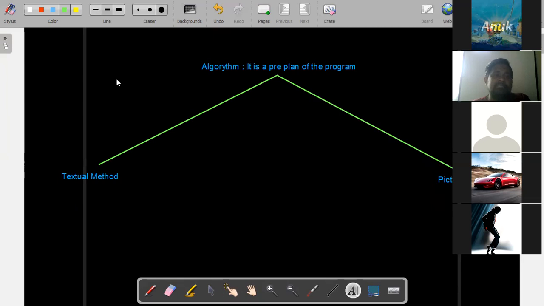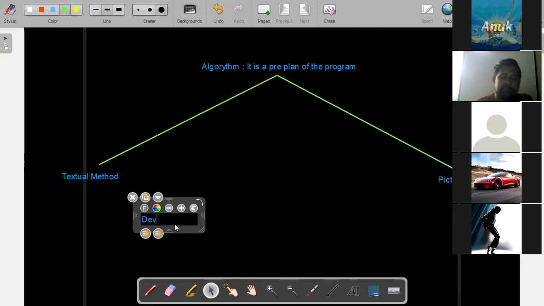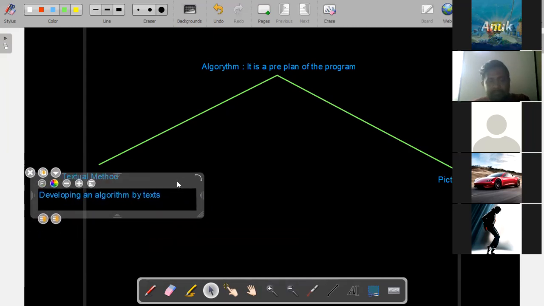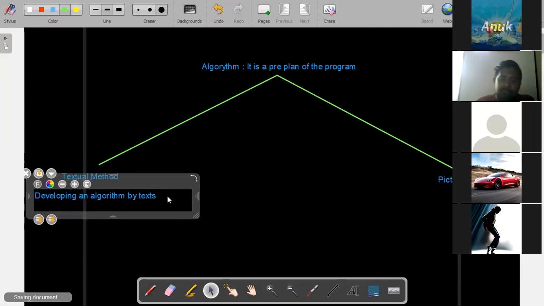Textual method is developing an algorithm by texts and wordings.